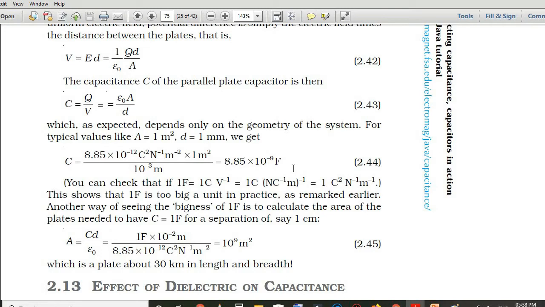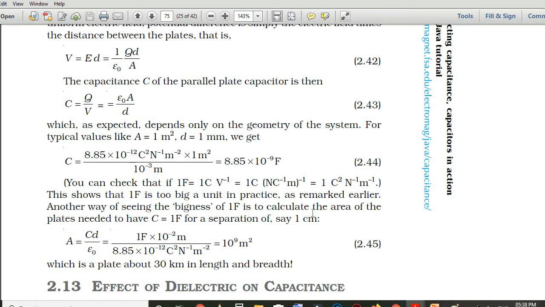Okay. Again, for you to understand, we may do another method. Suppose I want to make a capacitor with 1 farad capacitance. That is given here. 1 farad means 1 coulomb per volt. What should be the area of the plates of the capacitor?